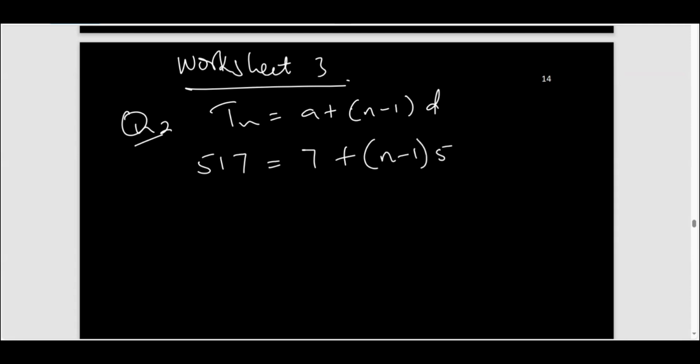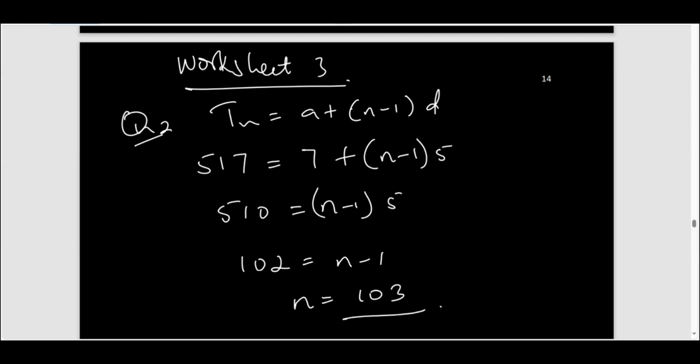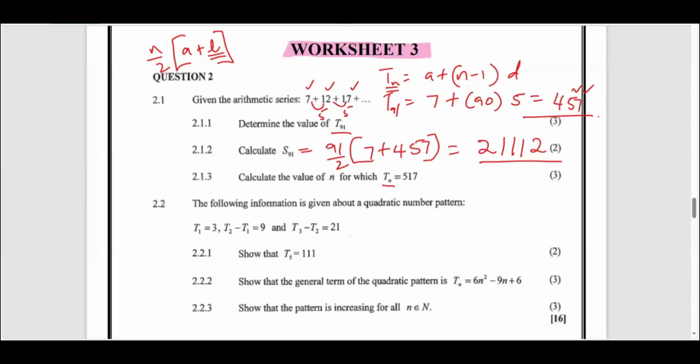So let's move the 7 that side. Subtraction will be 510 is equal to n minus 1 into 5. Divide both sides by 5. So 510 divided by 5, which is 102, is equal to n minus 1, which means our position is 103. Okay, so we're done with these ones.